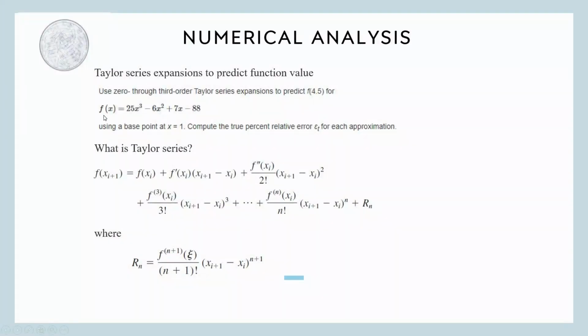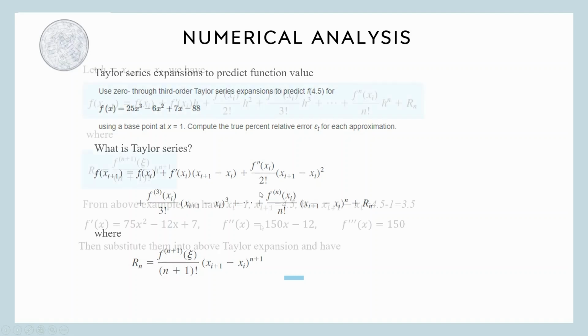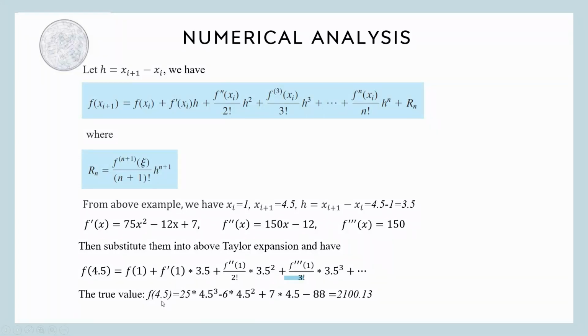Now, how do we evaluate the true value f(4.5)? The true value is obtained by plugging 4.5 into the function: f(4.5) equals 25 times, plugging in for the function, and we get this value. That's the true value, and this one is very important.